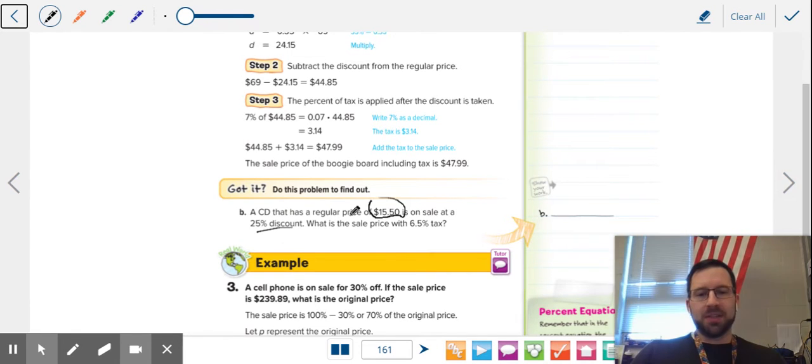So we can't have a half cent, so we round up or down. Half goes up. 5 and above, give it a shove up to the next penny. 4 and below, let it go. The company will not charge you an extra penny. So we're going to take away $3.88 from $15.50, and you get $11.62 is the new price.